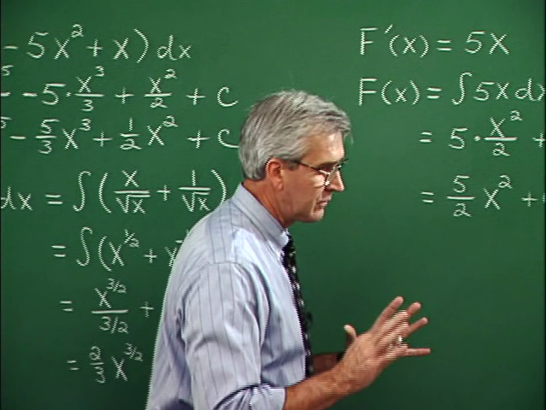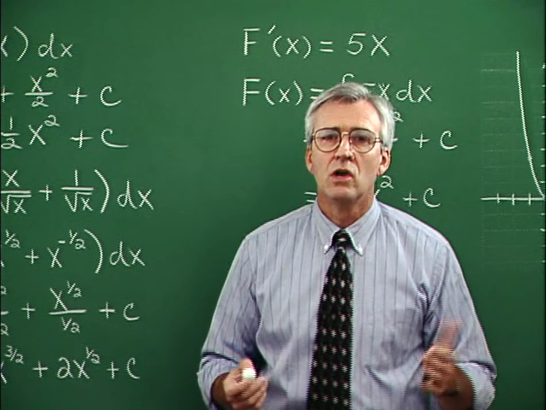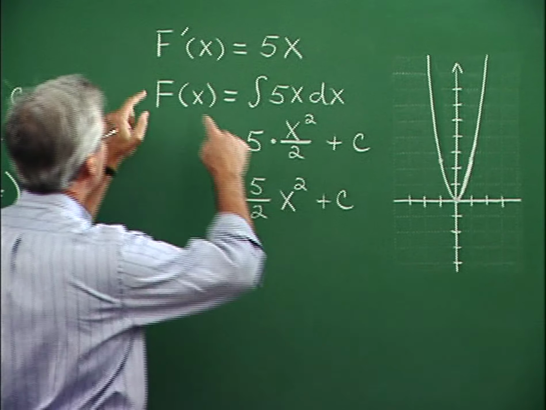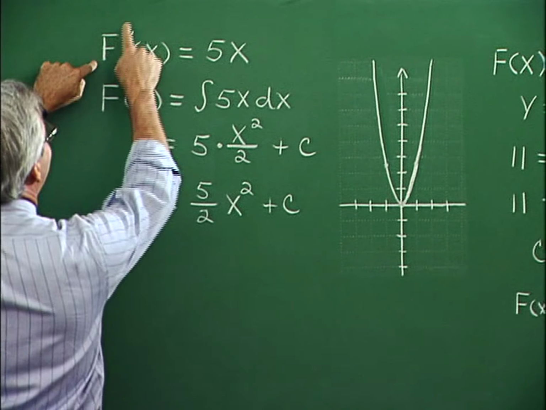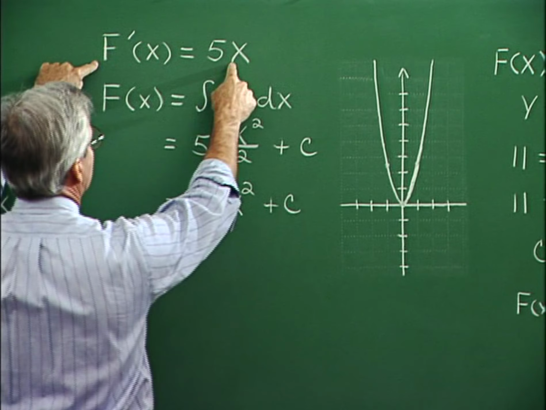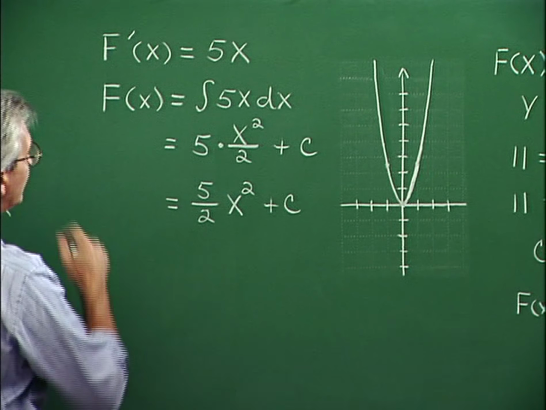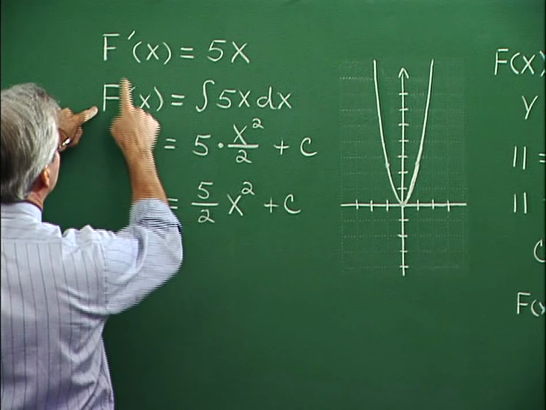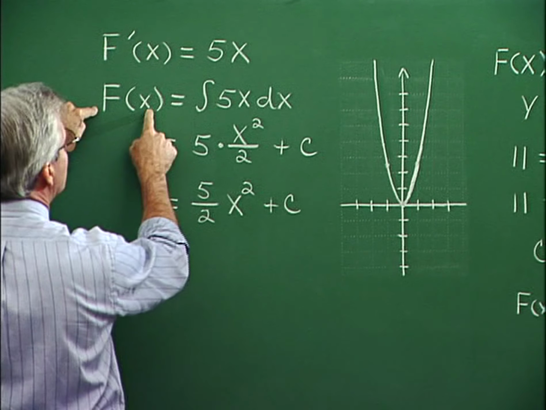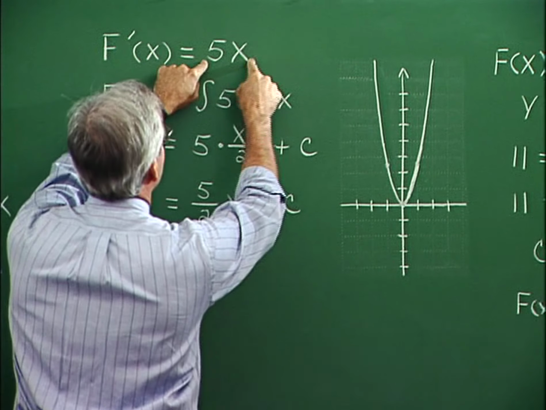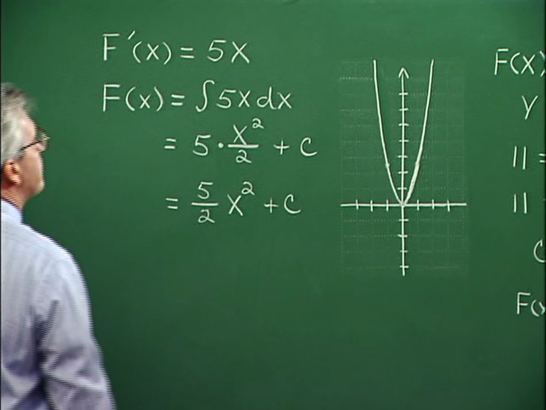Consider this problem. Now that we know some things about integration, suppose we start with the notion that f prime of x is 5x. So f of x, the big F of x, is the integral of 5x dx.